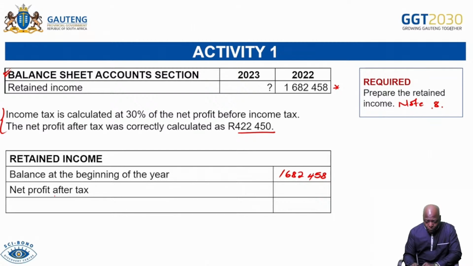Very important for you to know that in here we record net profit after tax. So I'm going to come here and it's going to be 422,450 net profit after tax. Okay, so I think we're going to move on to the next aspect now. Let's go on to our next calculation.